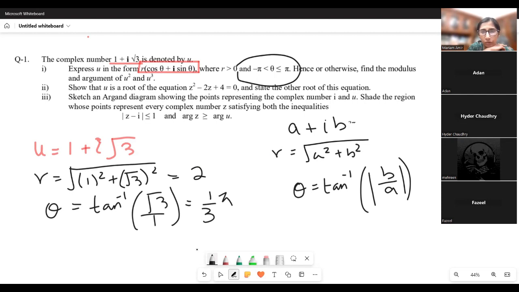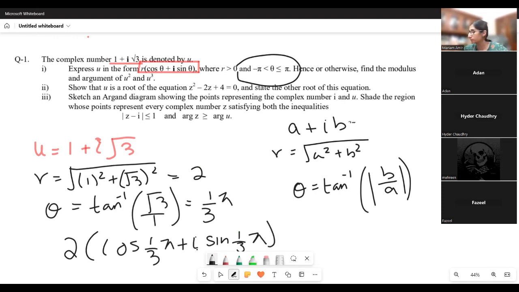Okay, so we have to now properly express it in that format. 2 cos 1 by 3 pi plus iota sine 1 by 3 pi. So that's correct. So next it says, hence or otherwise, find modulus and argument of U square and U cube.